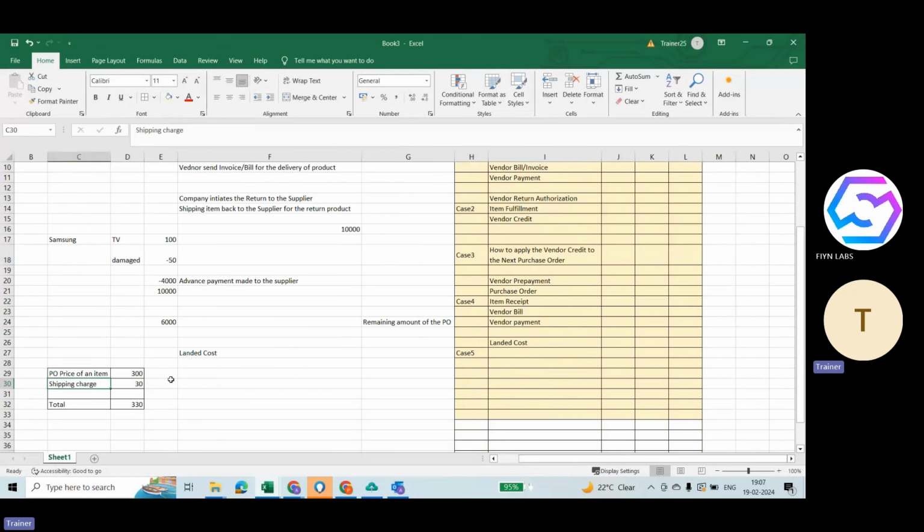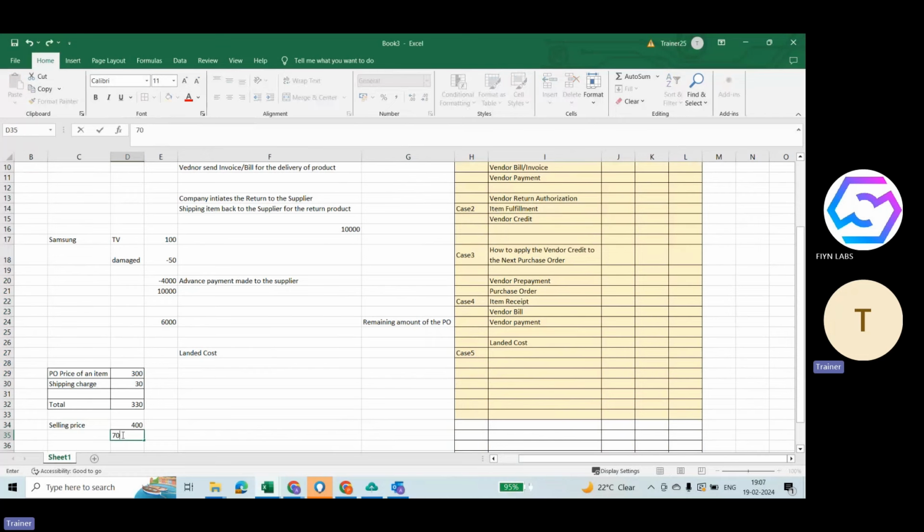There can be multiple customers when you face them. Customer one will have the requirement that, my assumption is I will be calculating my profit like this: if the purchase price of one item is $300 and the shipping charge I am paying is $30, then the total amount I am paying is $330. Let's suppose the selling price of the product is $400.